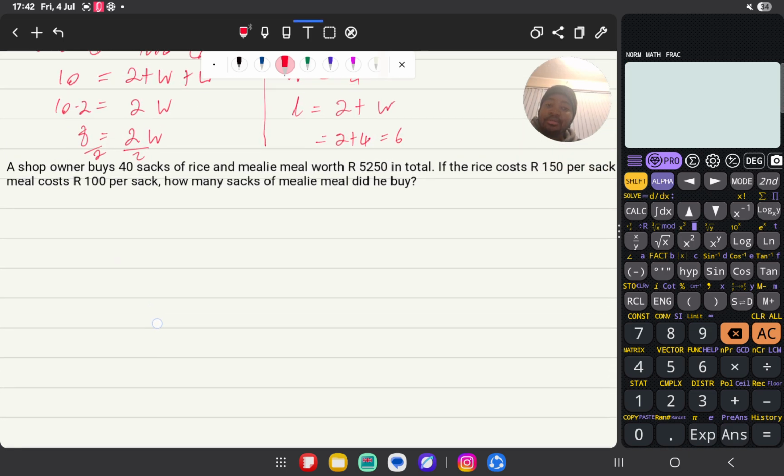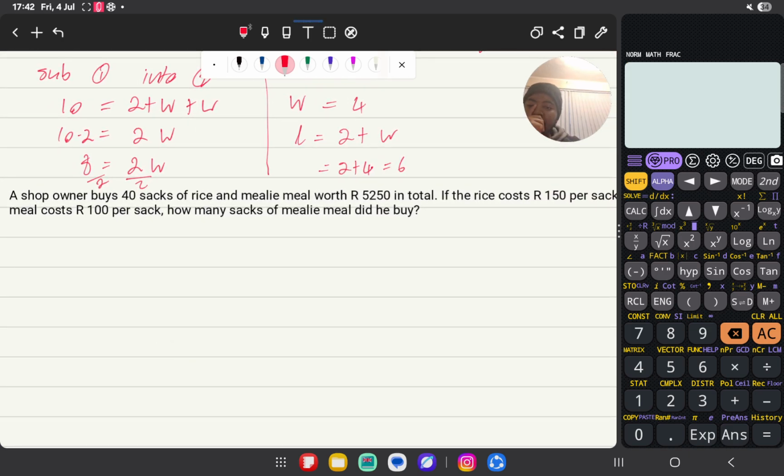Cool. Here's another problem. A shop owner buys 40 sacks of rice. They could have chosen 40 bags of rice, makes sense.